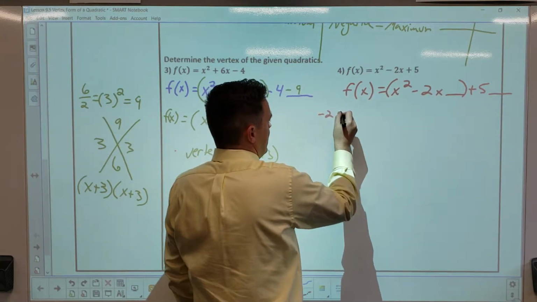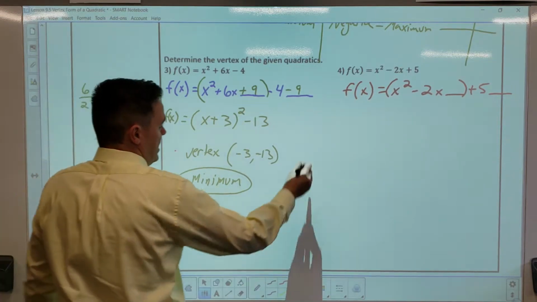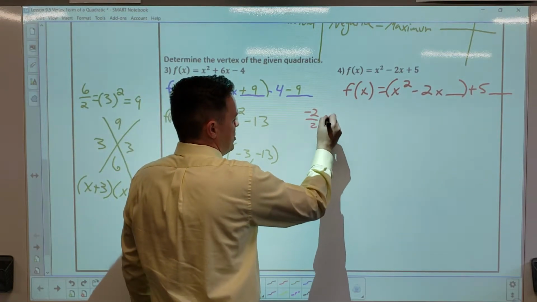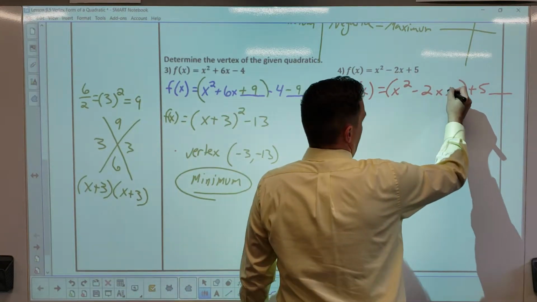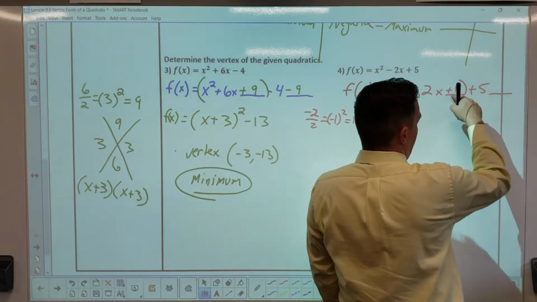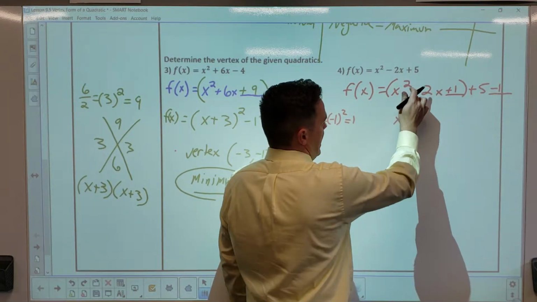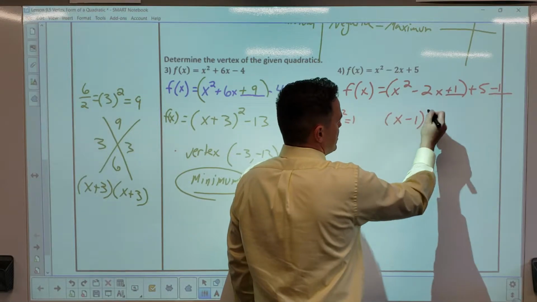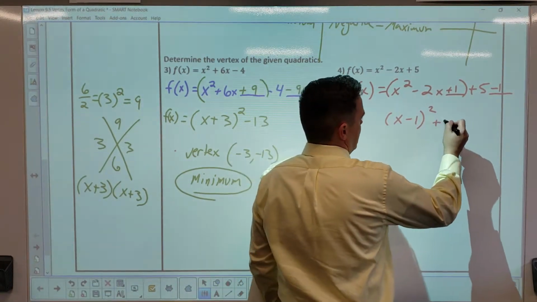So it'd be -2 divided by 2, square it, you get 1, so I'm adding 1 here, and then if I add 1 here, I gotta subtract 1 here. So you do your setup, you get x minus 1 squared. How did I do that? Factor it out, please, and then it's gonna be plus 4.